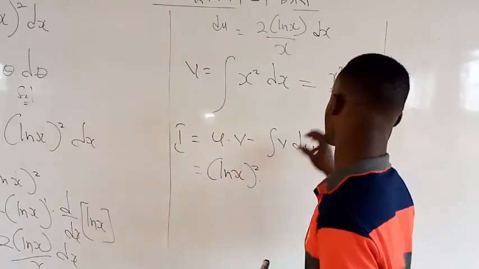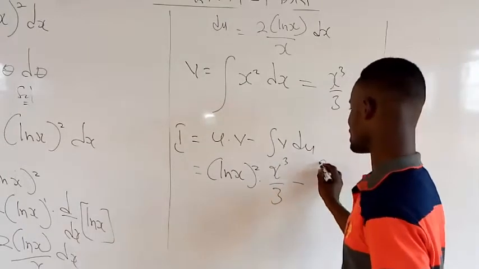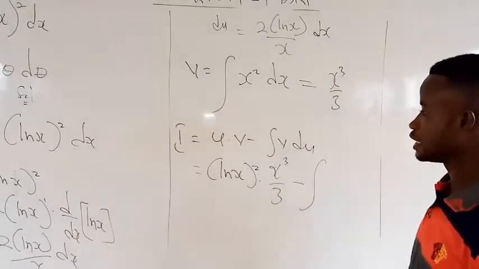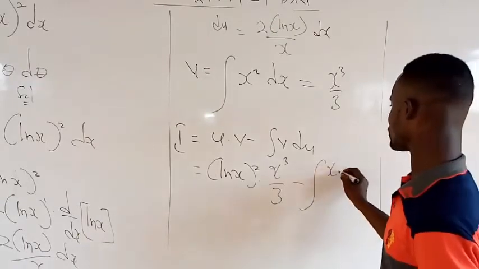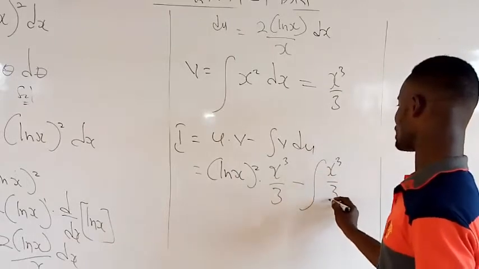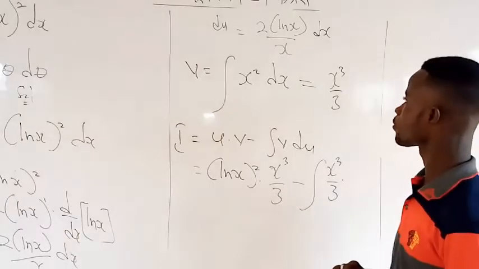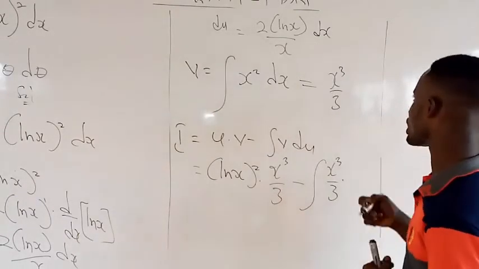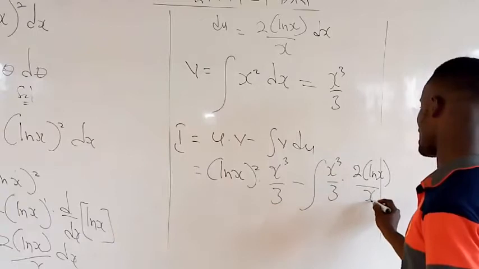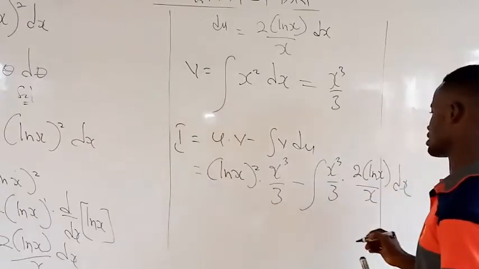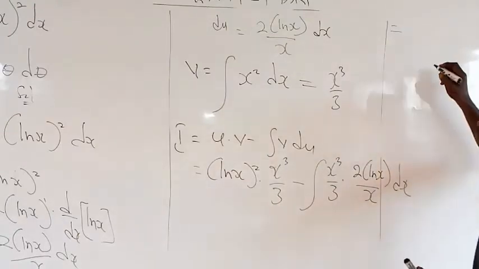The v is s to the power 3 over 3, so uv, so minus the integral of v, which is s to the power 3 over 3, times du. And what is du? Du is everything we have here, 2 ln s over s ds.